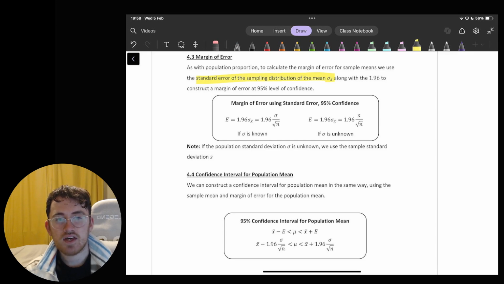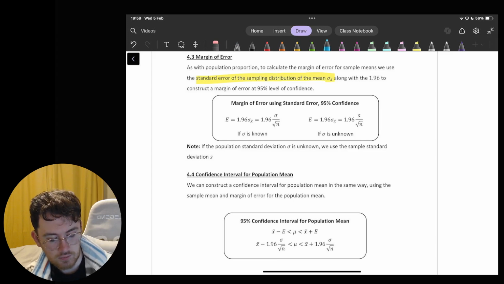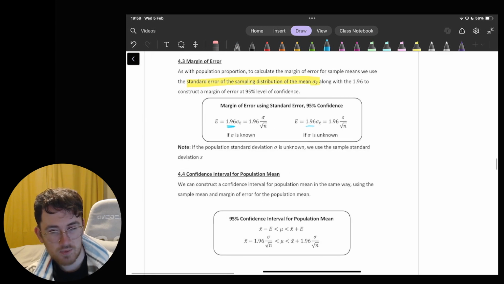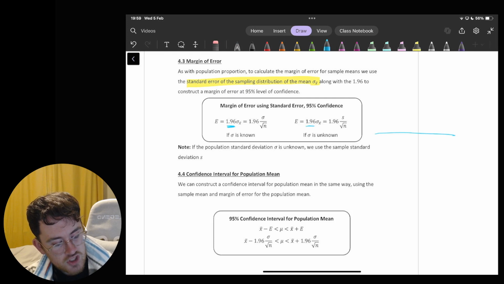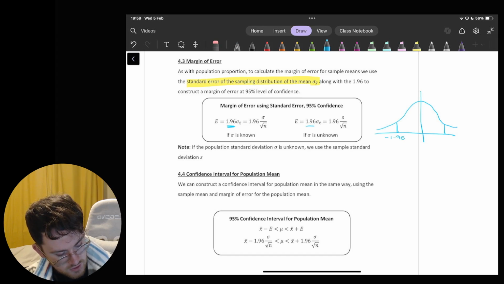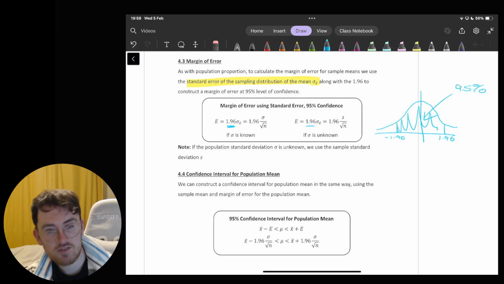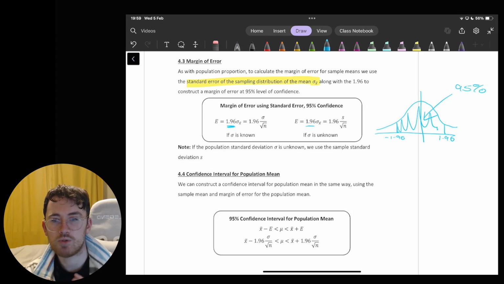Then to convert that from a standard error to a margin of error is where we include the 1.96. It might be worth going back to the population proportion video because I maybe introduced that there. The general idea is if I create a normal distribution and use the values of plus 1.96 and minus 1.96, then I am including 95% of the information between those two values.